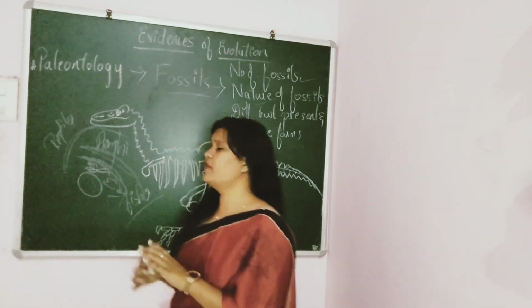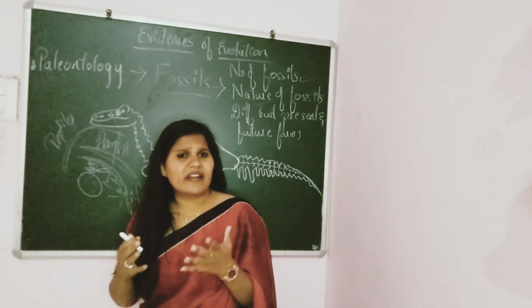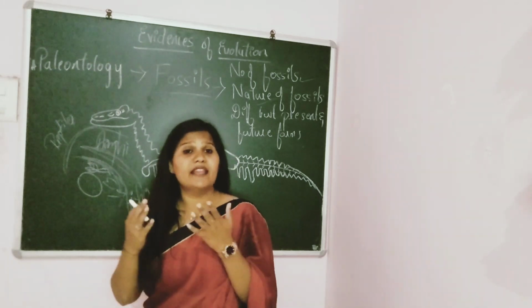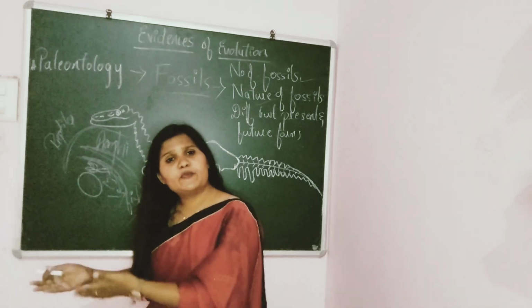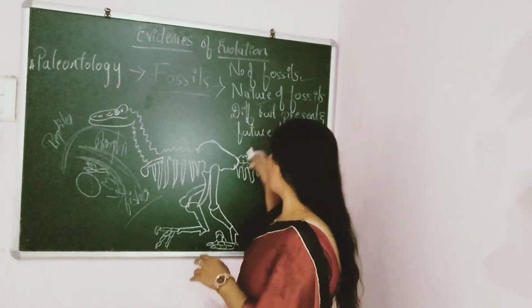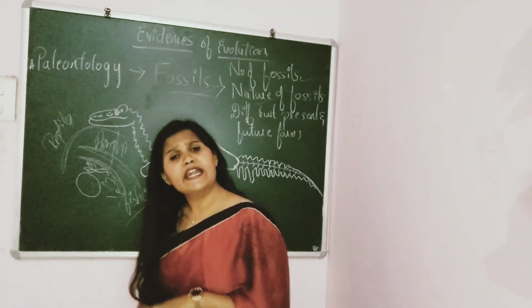So that is the difference. When the lizards stopped using organs like hind limbs and forelimbs, they lost them, and the new species that originated is called the snake. This is how the past and present forms will be different.